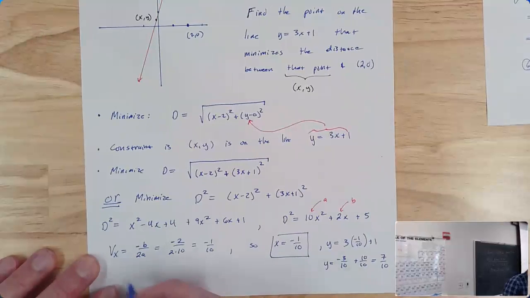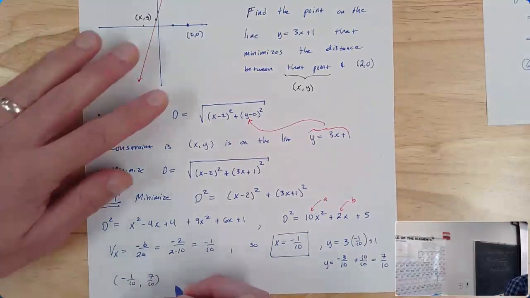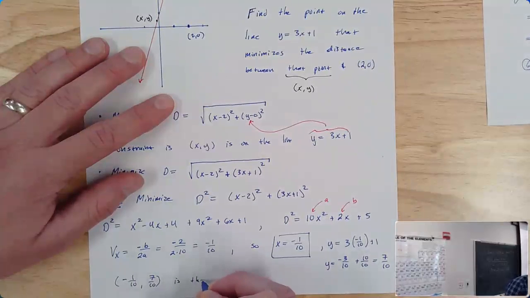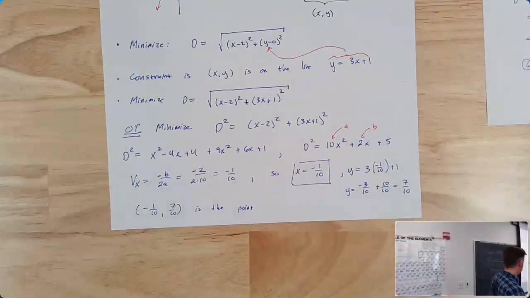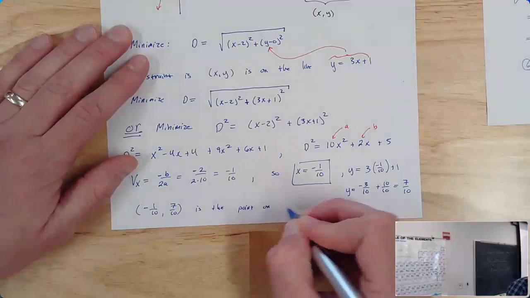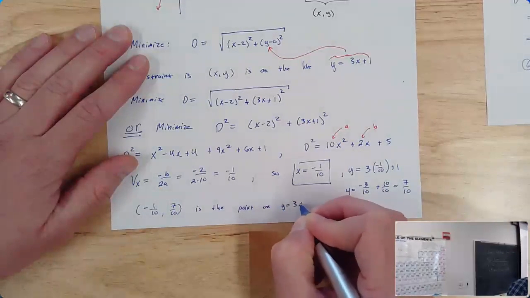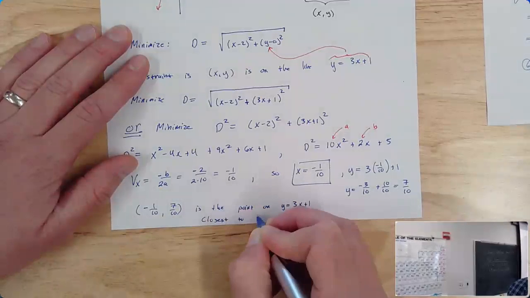So the coordinate that is closest to that point is negative 1/10, comma, positive 7/10 is the point on the line. I mean, if you were doing this question, you could just find the point and circle it or box it. You don't have to write all these words, and that's right, but I'm trying to do a little more. This point is the point on the line, y equal to 3x plus 1, closest to the point 2, 0.